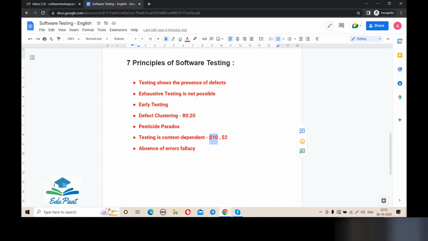Zero defects do not mean that the software solves the end user problem successfully. Just for a real life example, we are all using Windows systems, some people are using Mac, some people are using Linux. Linux always had very few bugs, while Microsoft Windows has many bugs compared with Linux.